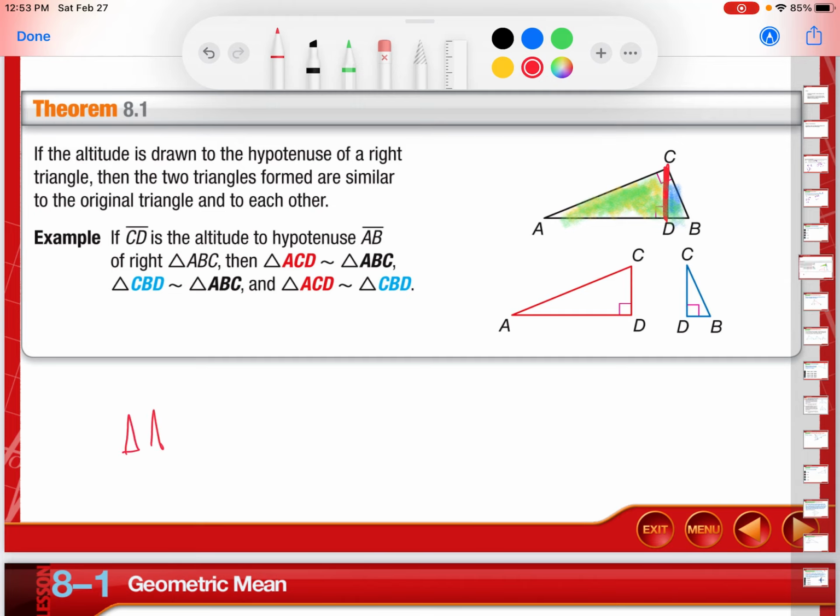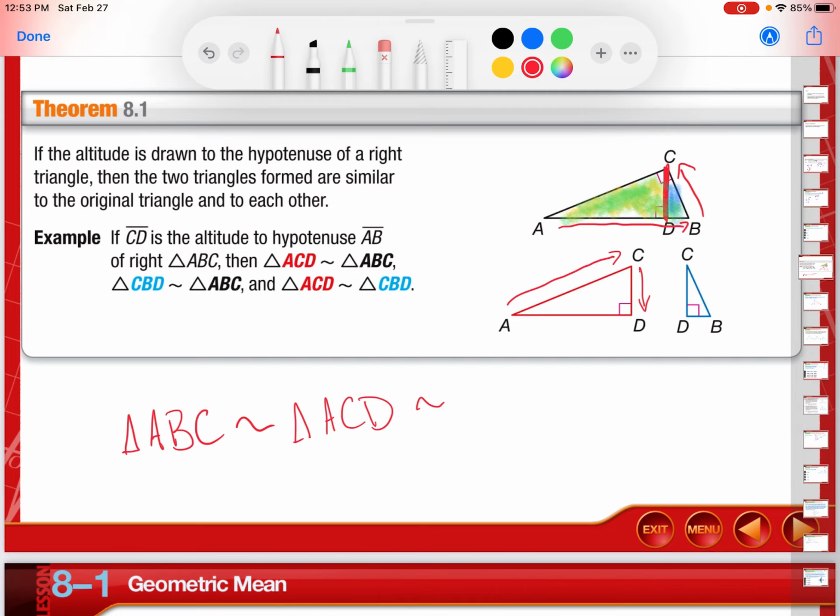So I'm going to say triangle ABC is similar to, so triangle ABC, I go from the skinny side to the short side to the 90-degree angle. So skinny side A to short side C to 90-degree angle D. So triangle ABC is similar to triangle ACD.